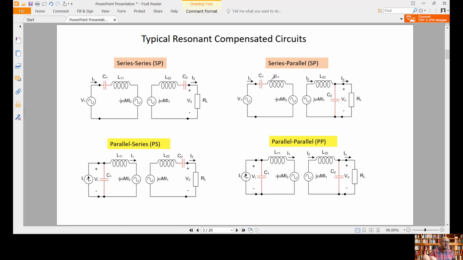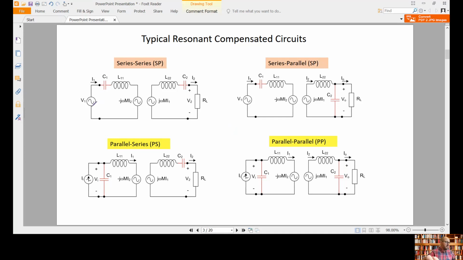Or we can have the series at the input and parallel at the output, parallel at the input and series at the output, and parallel at the input and at the output. At the end, this depends on the behavior that we wish to have at the input and at the output.